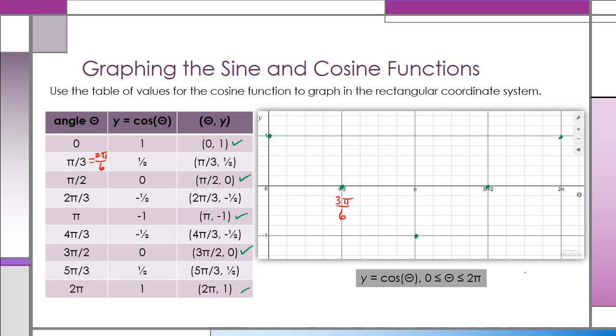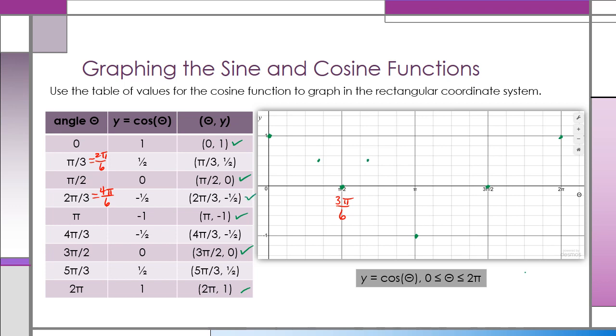So pi over 3 is just a little bit to the left of 3 pi over 6. I'm going to estimate, like you saw me do before, and that's going to put me up at about 1/2, something like that. And 2 pi over 3 is the same thing as 4 pi over 6. So just on the other side of 3 pi over 6, I'm at -1/2. I'm sure you can see that.